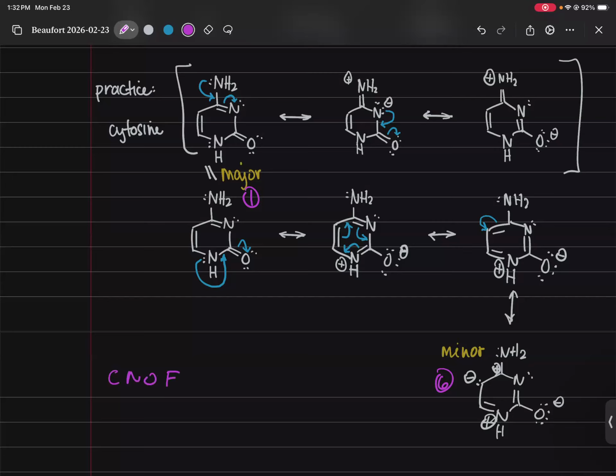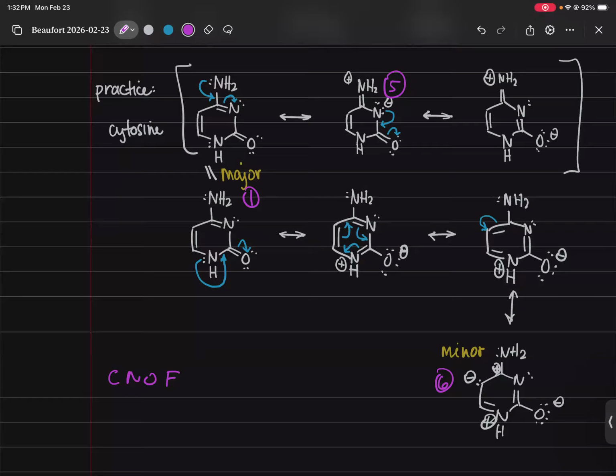Yep, oxygen. So that means that the three structures where the negative charge is on oxygen are better than the one where the negative charge is on nitrogen. Okay, so that makes this one the second least contributing structure.